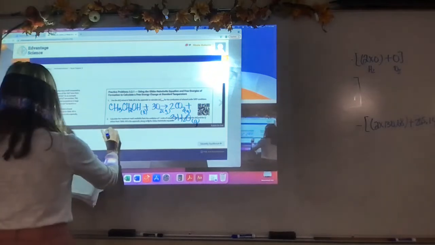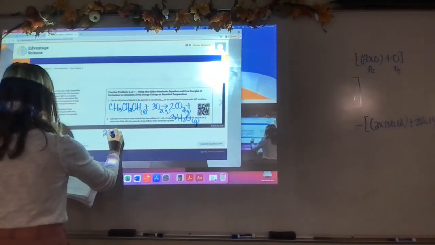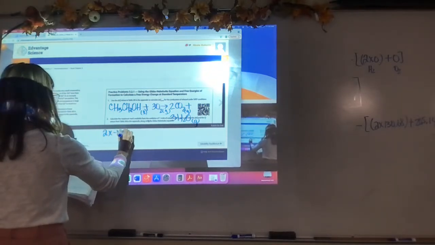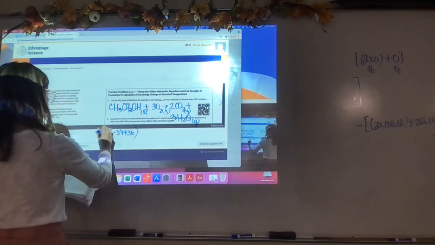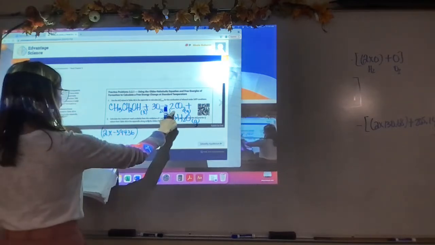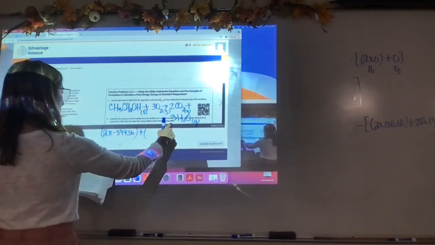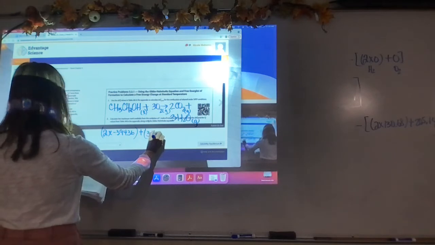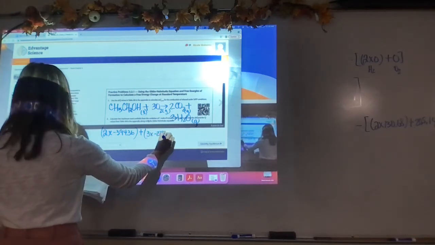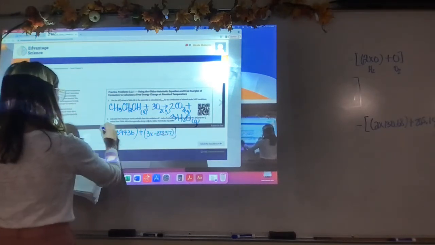So this is going to be 2 times negative 394.36 for my carbon dioxide, plus 3 for my water times negative 228.57.